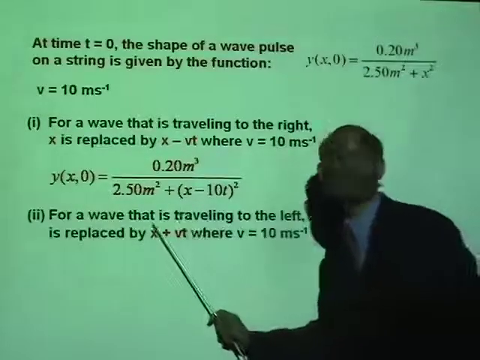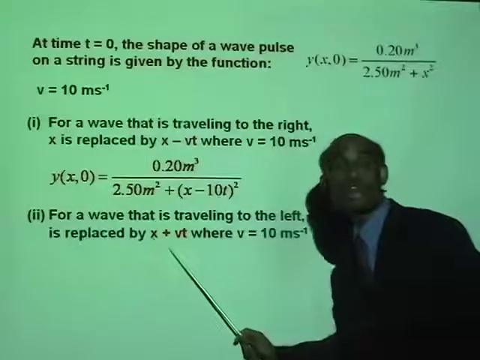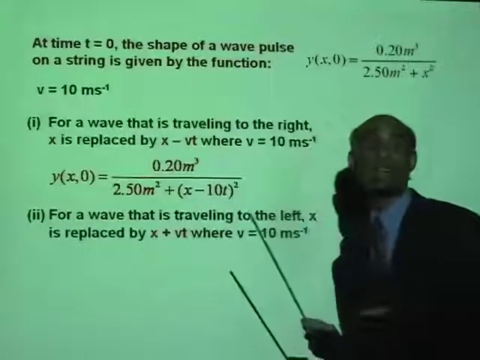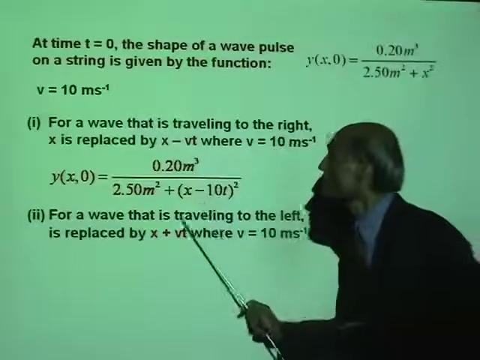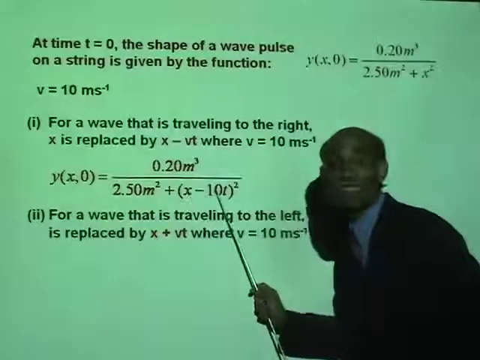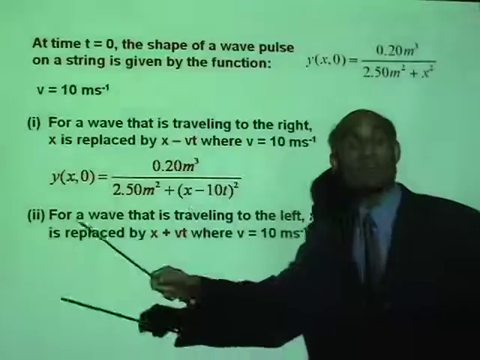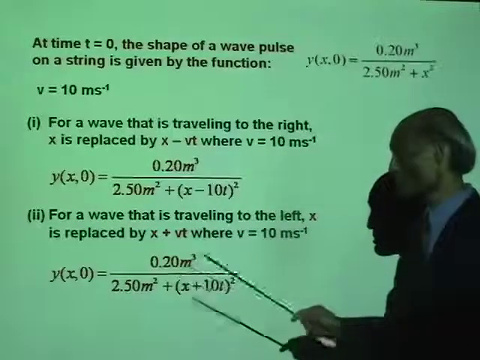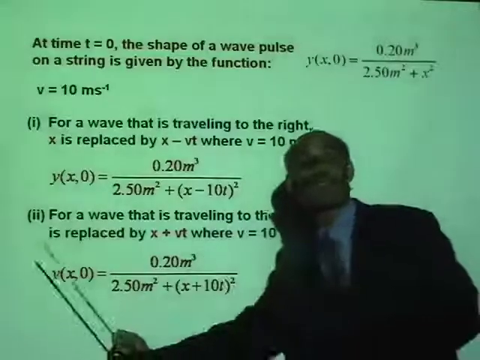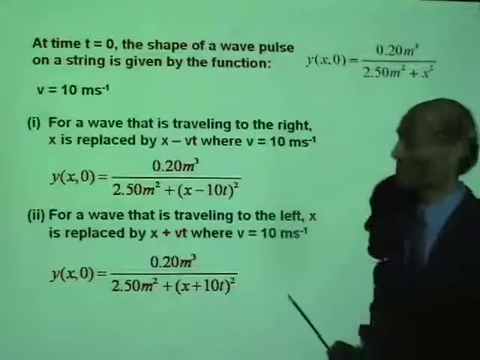And for a wave that is advancing to the left with a speed of 10 meters per second, we replace x minus 10t by x plus 10t. So this is the equation for the wave that is advancing to the left.